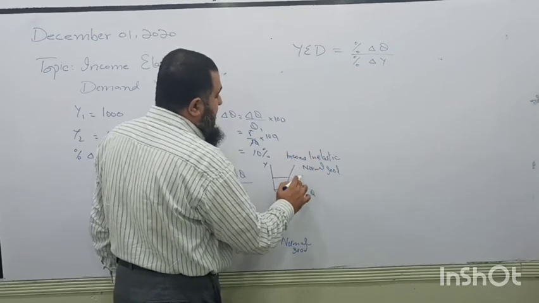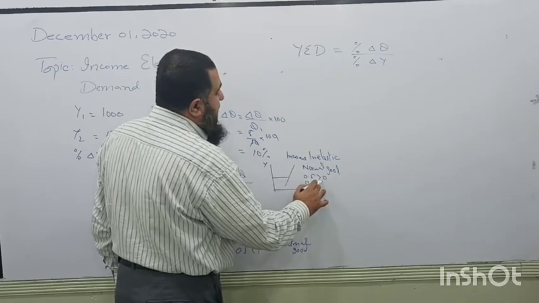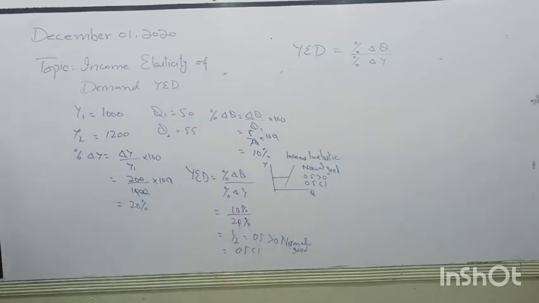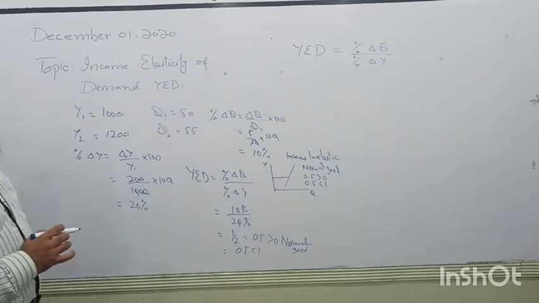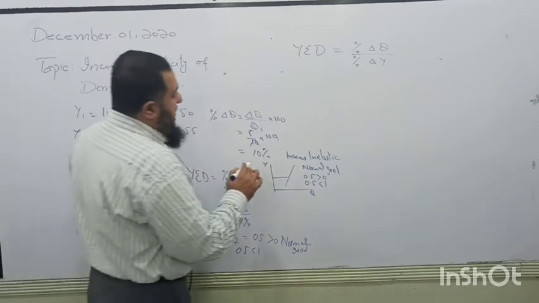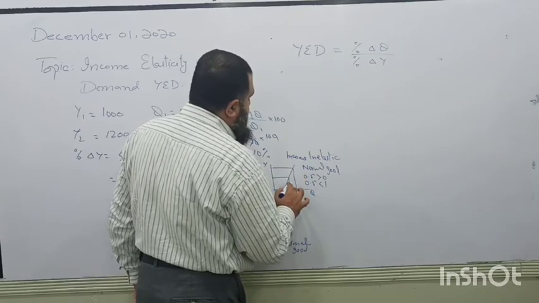The value we have obtained, that is 0.5, is greater than 0, and 0.5 is less than 1. These are the two values which are compared with 0 and 1. So we say, although it is a normal good, its demand is inelastic with respect to income.